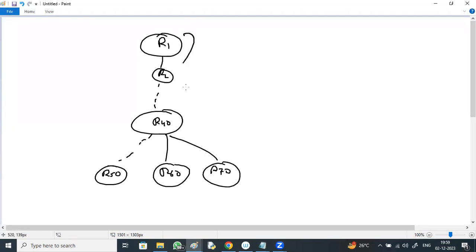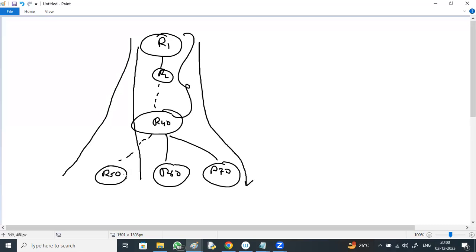The first 40 steps are common for all three flows. This is flow 1, this is flow 2, and this is flow 3. Three flows are there, right?